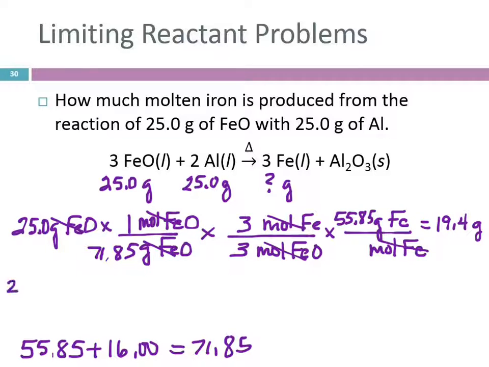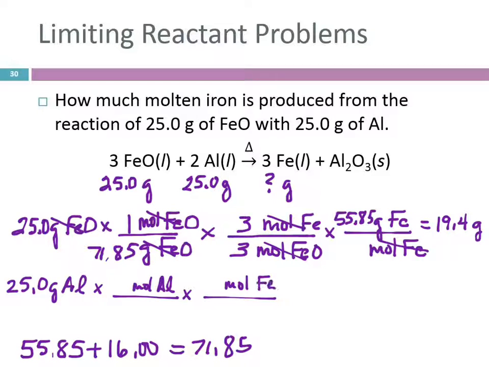And now we have to do it again. Similar, but not exactly the same. So now we've got 25 grams of aluminum, and we're going to moles of aluminum, grams to moles to moles to grams. Grams to moles of iron, because we're still interested in how much iron we can make. Then grams of iron, and put the units in the bottom so they cancel out.